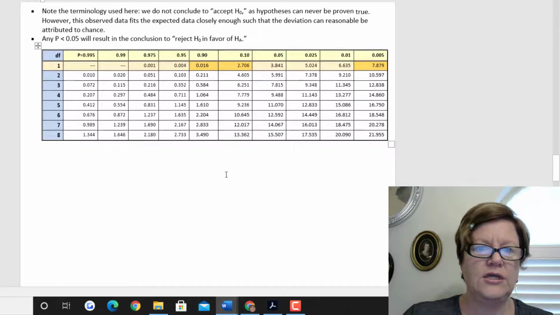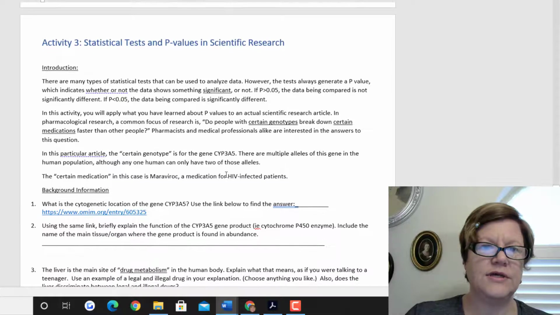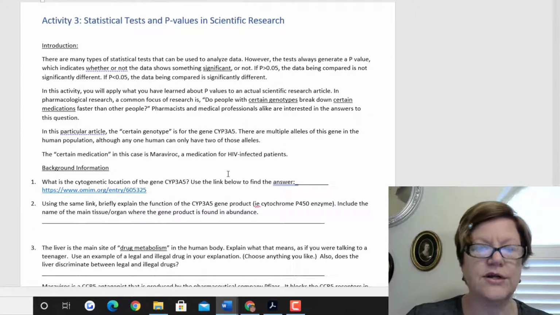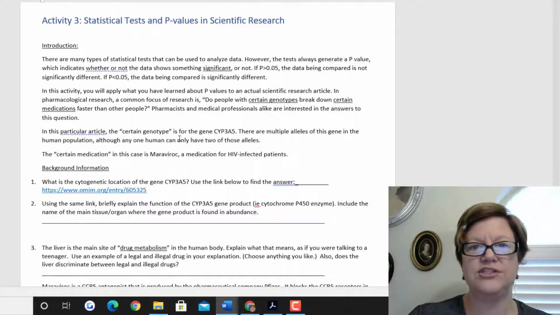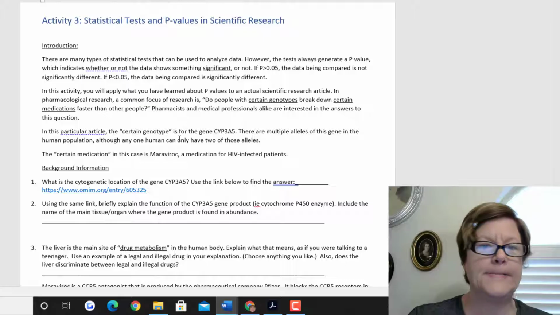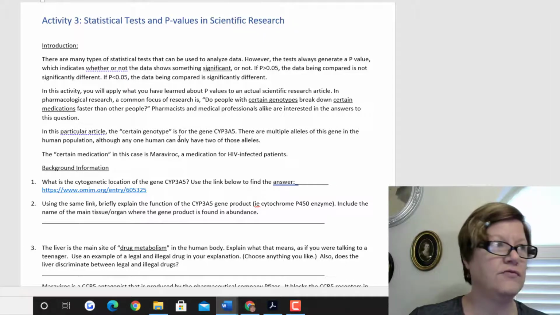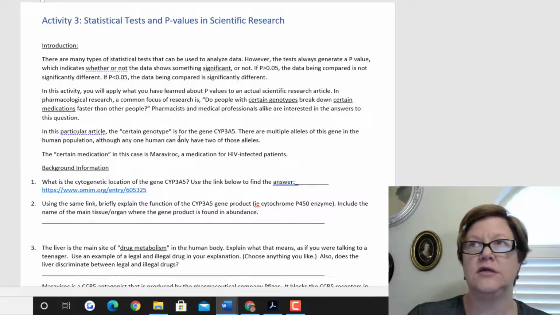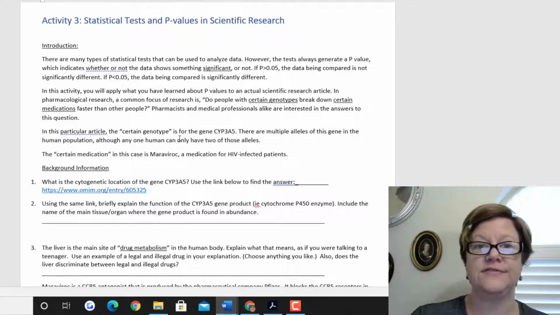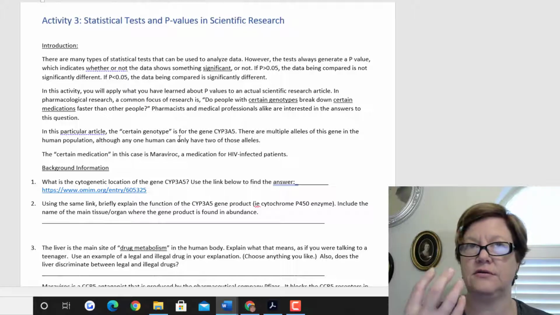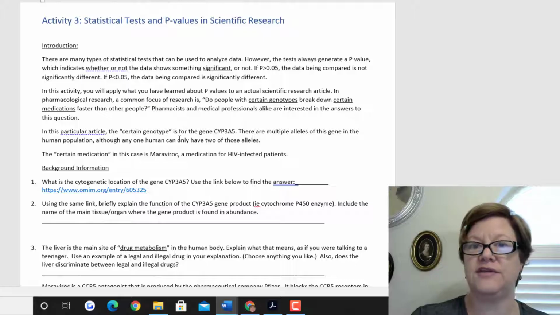All right, now the last activity, I have posted this article here. And I give you a certain amount of background, but it's involving genetics and it's involving pharmaceuticals. It's actually a drug that was developed. You may recall from chapter 7 that I was telling you about CCR5, that co-receptor that is needed for HIV to enter cells.